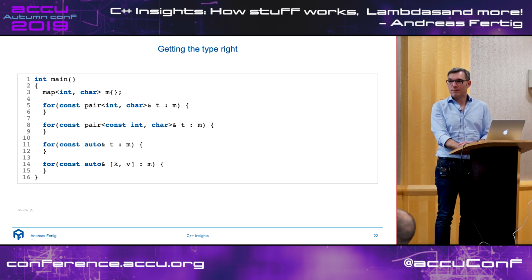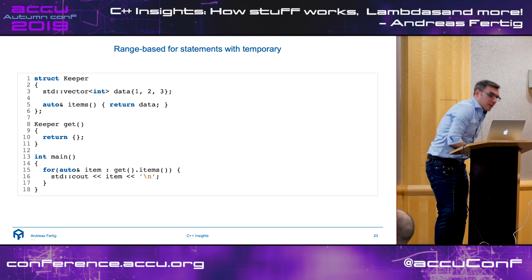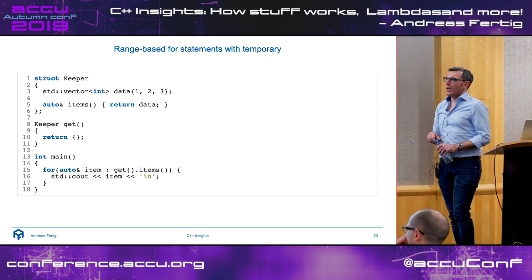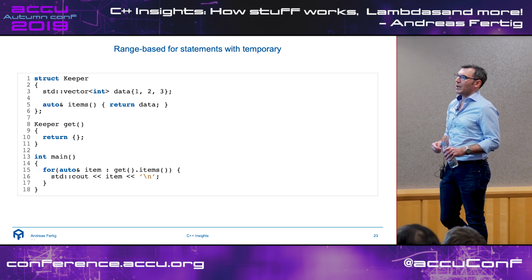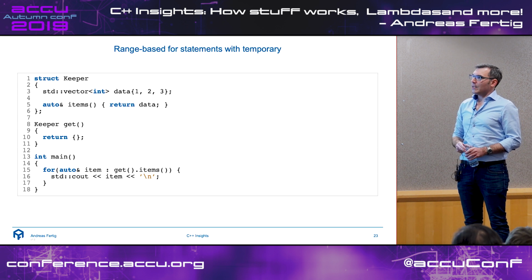I like range-based for loops, so I would like to highlight that before I go to the next slide. They're great, but they also have some issues. Look at this example. I have this struct called keeper. It has a std vector in it, which I initialize with 3 values, 1, 2, and 3. And it has this function items, which returns a reference to the data.